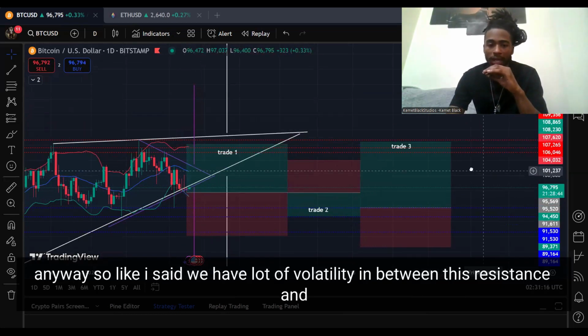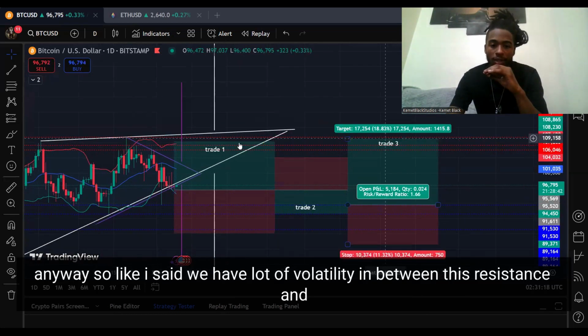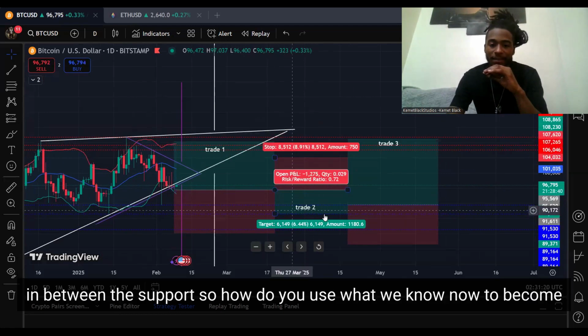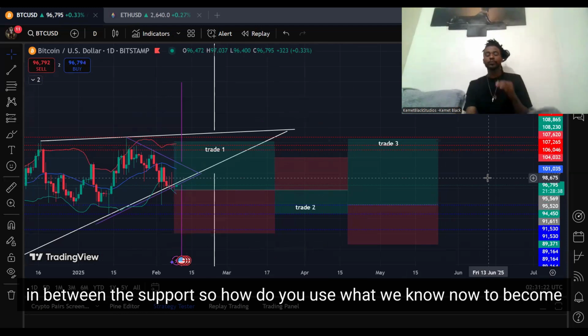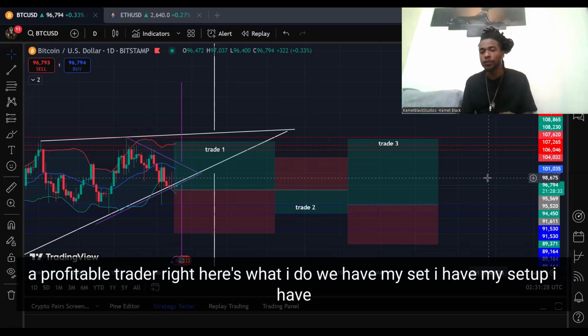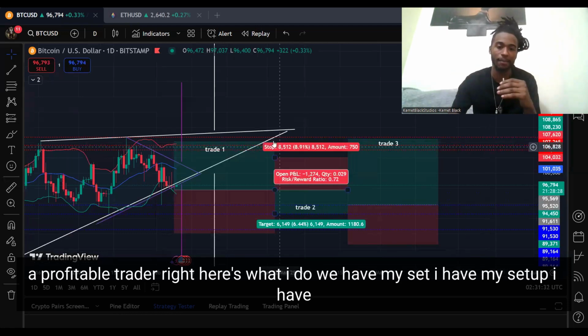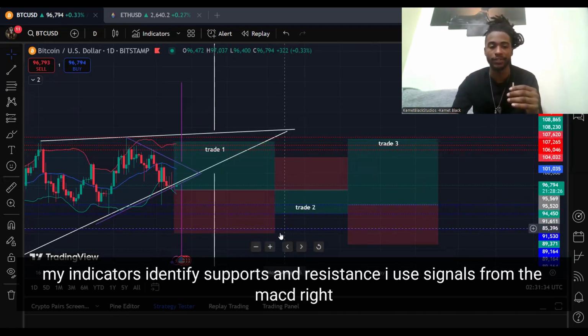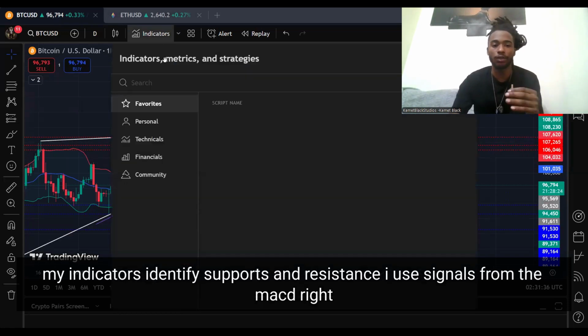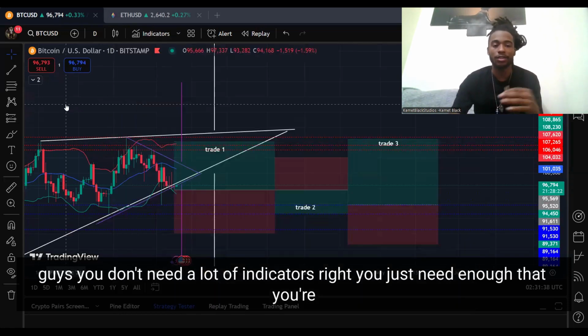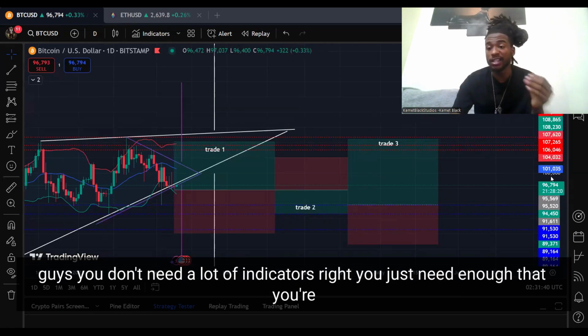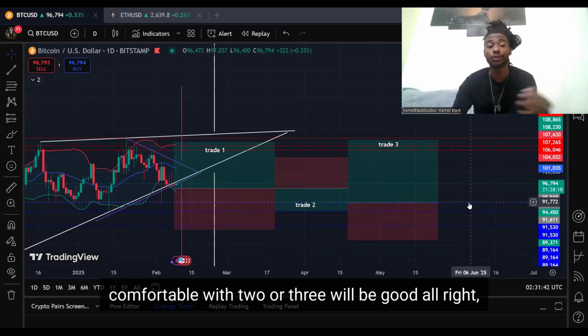Anyway, like I said, we have a lot of volatility between this resistance and the support. So how do you use what we know now to become a profitable trader? Here's what I do. I have my setup, my indicators, and I identify supports and resistance. I use signals from the MACD. You don't need a lot of indicators, just enough that you're comfortable with. Two or three will be good.